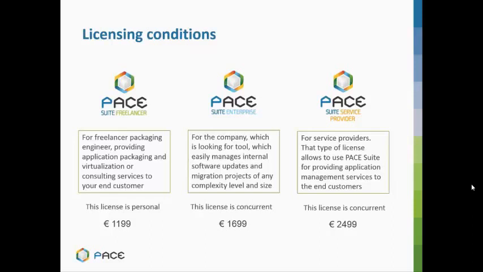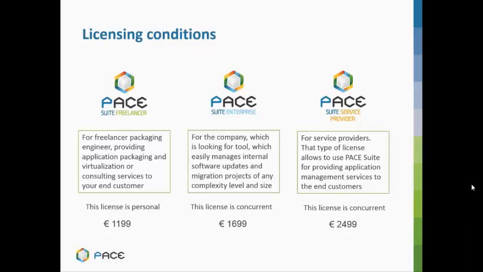One of the most general questions is: if there is an enterprise or a service provider company and they have consultants who are doing consulting for third parties, can they use the freelancer license?